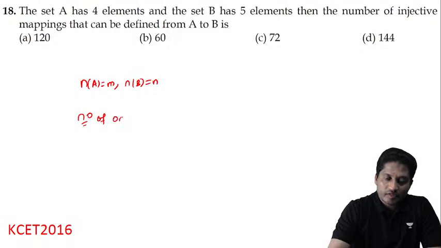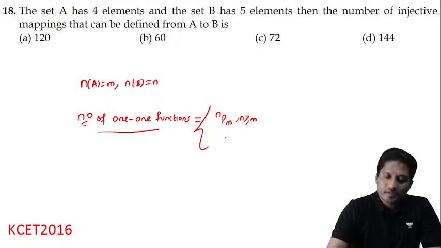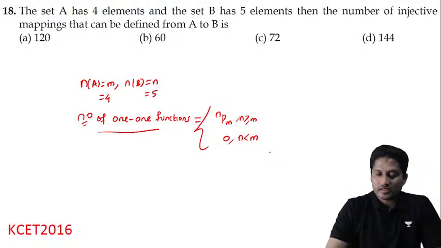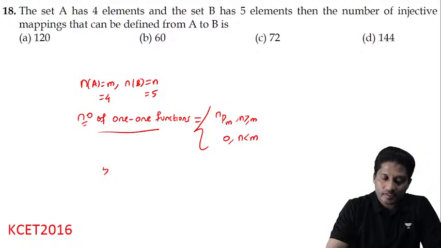Then the number of one-to-one functions is equal to nPm if n is greater than or equal to m, and 0 if n is less than m. Alright, now set A contains 4 elements, set B contains 5 elements. Obviously n is more than m. Number of one-to-one functions is 5P4.